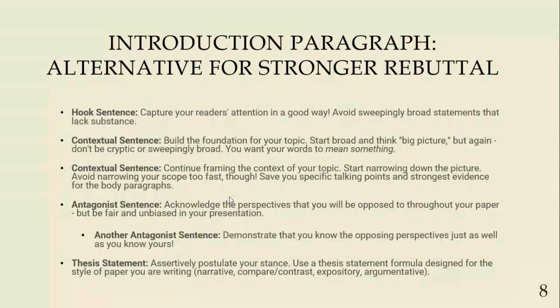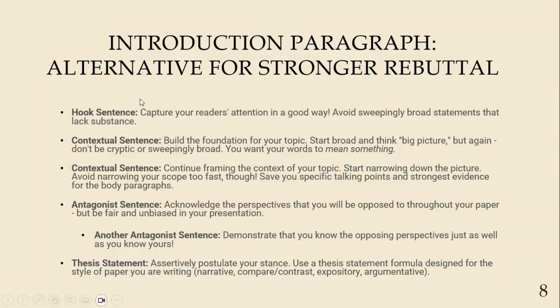And this is that alternative, and it's a little bit more in depth than the previous one, but really there's only one major difference between this particular structure for an introduction and the previous one. And everything starts out the same. So you have that hook sentence, avoid those sweepingly broad statements that lack substance. That would be like your from the beginning of time type of sentence. You don't want to start an essay like that.